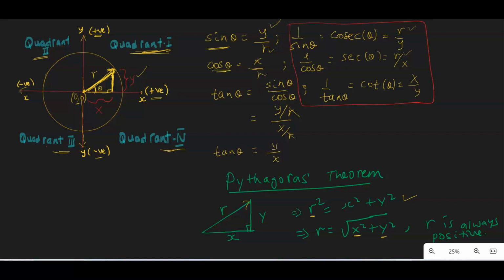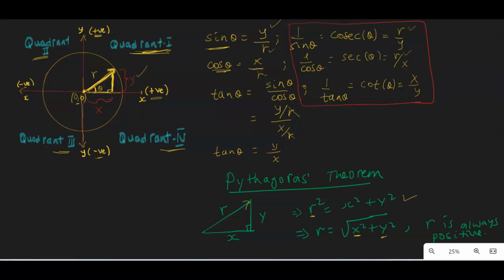If we see the cosine function, it is its adjacent side, which is x, divided by hypotenuse. As I said, the x value to the right of 0 is always positive. So x divided by hypotenuse is positive.